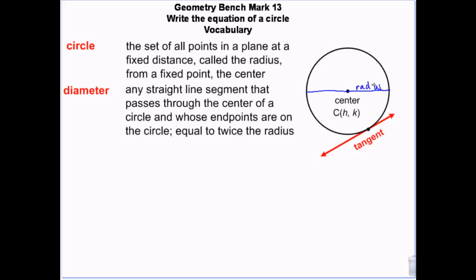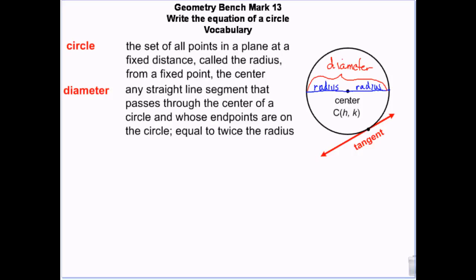So here's a radius and here's a radius, and then this whole thing together is the diameter. So basically it's two radii, that's the plural of radius, that are opposite to each other. So they make a straight line.